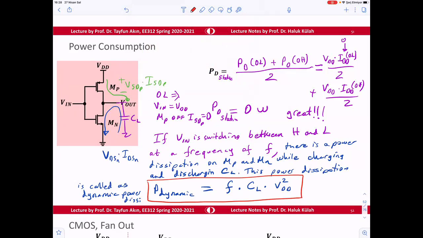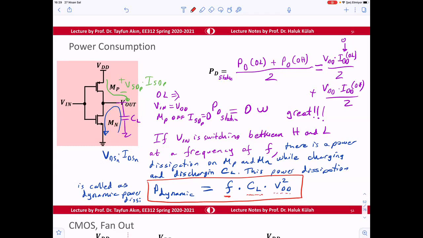But here static power dissipation is 0, so we need to look at this, especially if you use a microprocessor where there are, let's say, 100 million gates, and each of them are switching at a frequency of 1 gigahertz, and this is very high, and then all the capacitances that need to be charged and discharged is going to be significant.